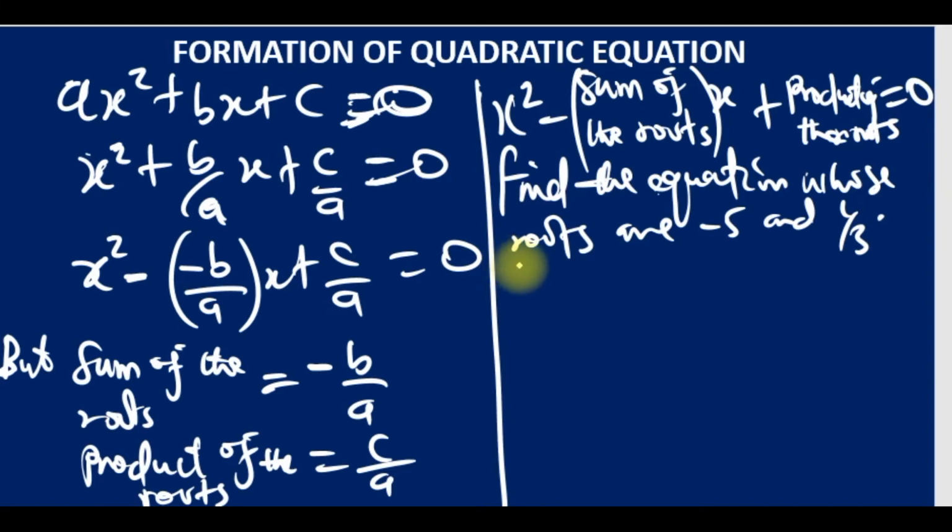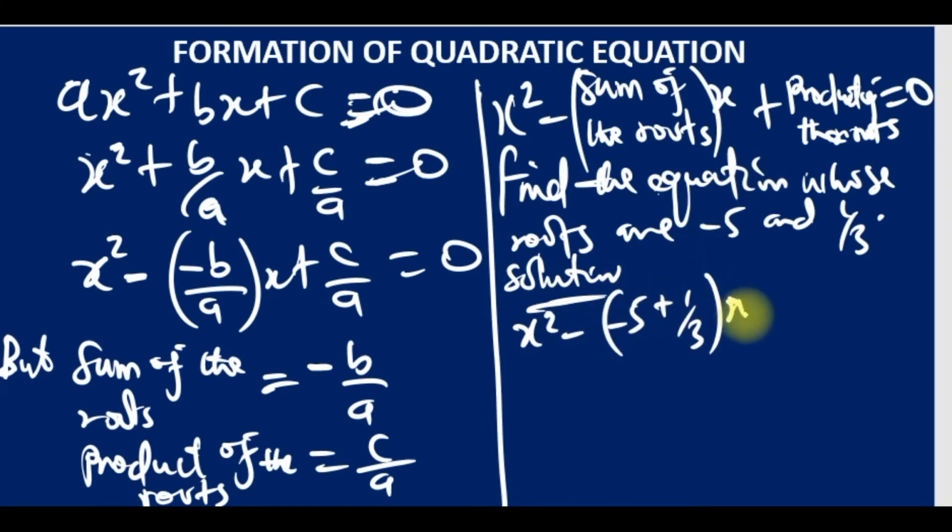So without wasting time, our answer is very simple. Using this, it is always x squared minus sum of the roots, minus 5 plus 1 over 3, x plus product, minus 5 times 1 over 3, equal to 0.